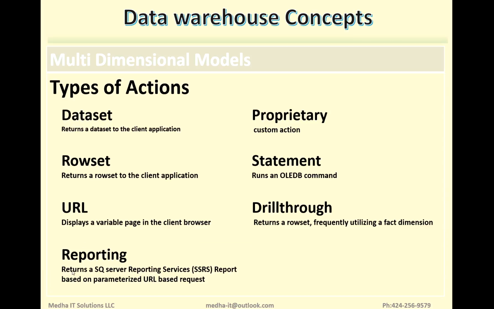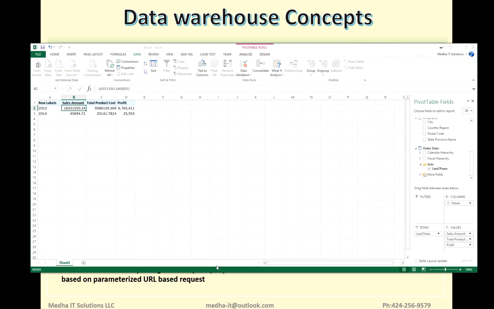Then reporting means you can connect to SQL Server Reporting Services based on these values, and you can pass a corresponding value. For example, in this case, if I click on this sales amount, I can pass the year 2013 to the SSRS report, so that the SSRS report can show the data of 2013.